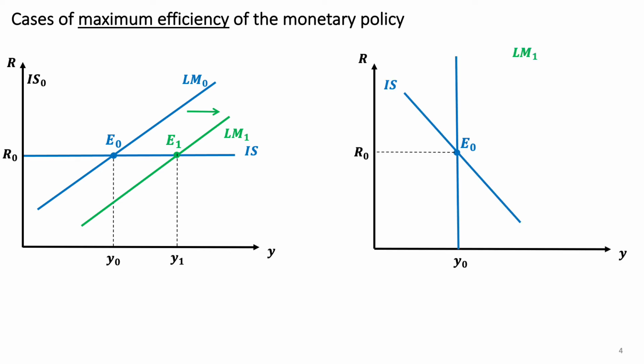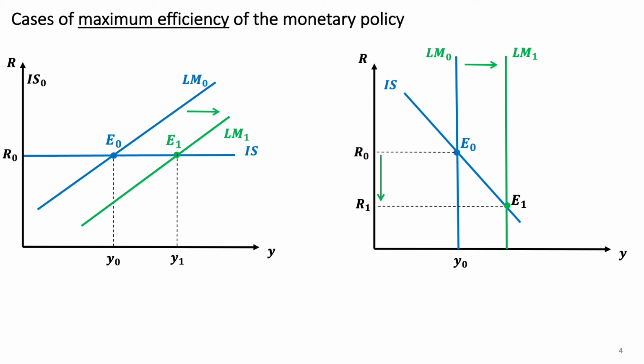The second case of maximal efficiency is when the money demand is not sensitive at all to the interest rate, when LM is vertical. This is the classical case of neutral money, where the money demand cannot come back to the equilibrium through a variation of the interest rate, because precisely the money demand does not depend on the interest rate.